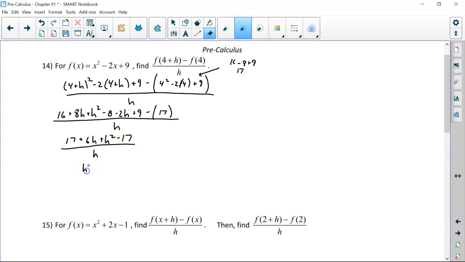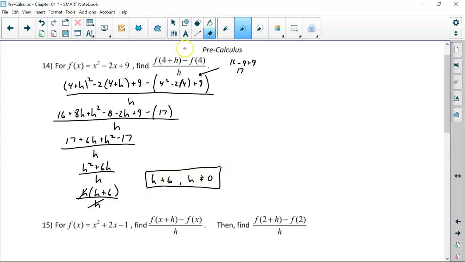So we get h squared plus 6h, because the 17's cancel, over h. Factor out the h times h plus 6 over h. So in the end, all of that just becomes h plus 6, as long as h does not equal 0. This is all about substitution.